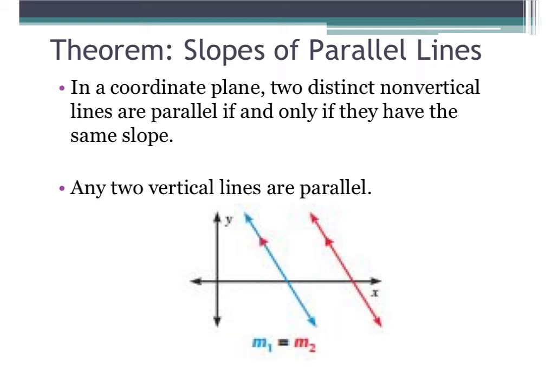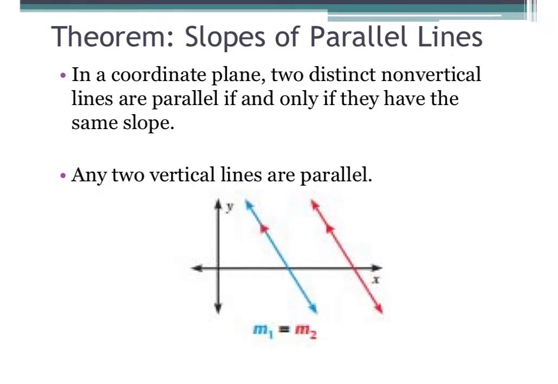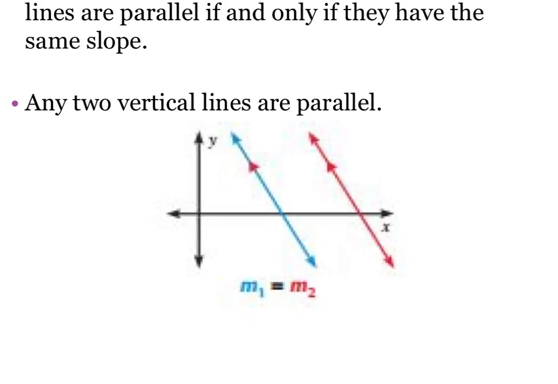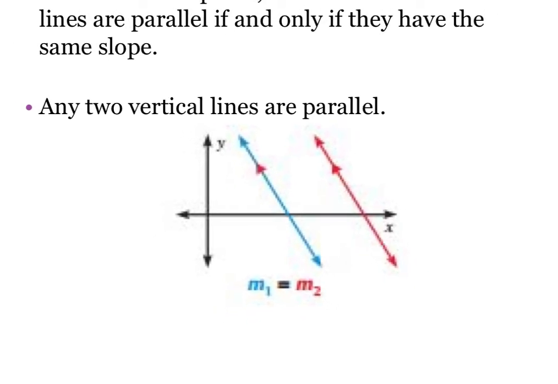Okay, so there is a theorem. It's called the slope of parallel lines theorem. In a coordinate plane, two distinct non-vertical lines are parallel if and only if they have the same slope. Any two vertical lines are parallel. So guys, let's take a look at this blue and this red line. If they're parallel, which we see that they are because they have the two arrowheads, then their slopes have to be the same.